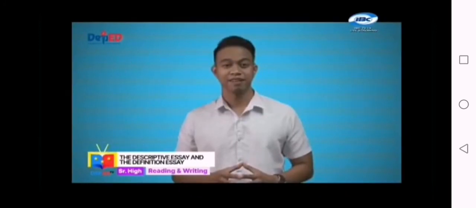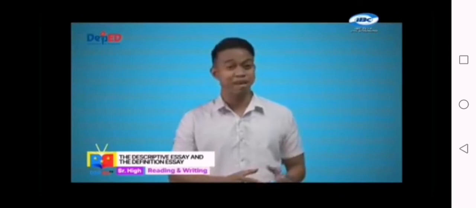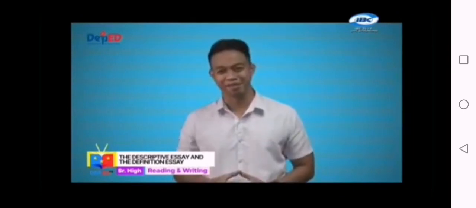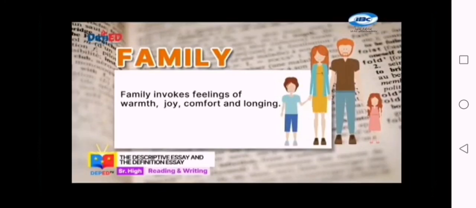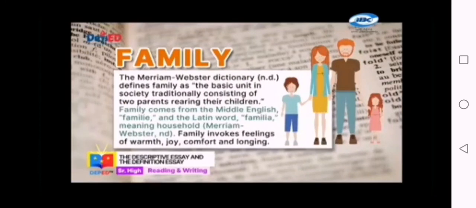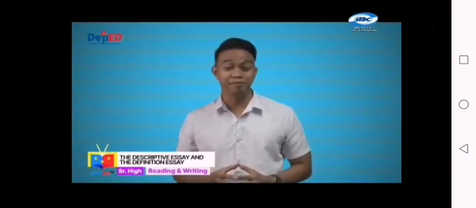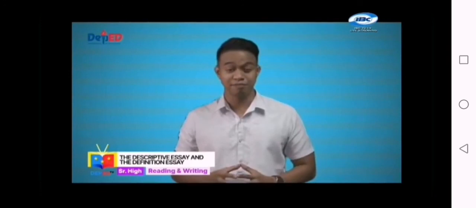Let's apply the second question, how does this term make me feel, to the term family. Family invokes feelings of warmth, joy, comfort, and longing. Now, let's add these to our family definition. For the term face mask, let's apply the question, how does this term affect me personally?